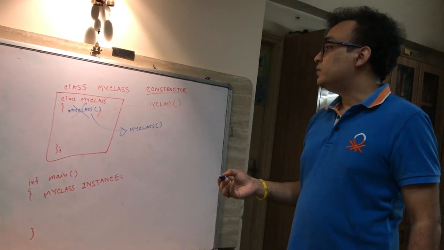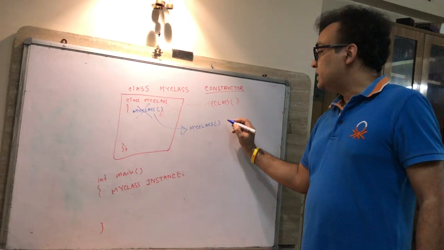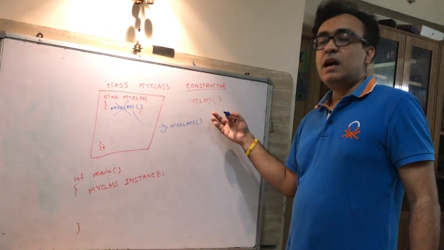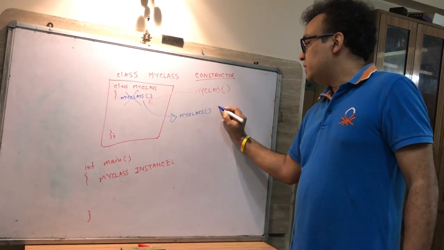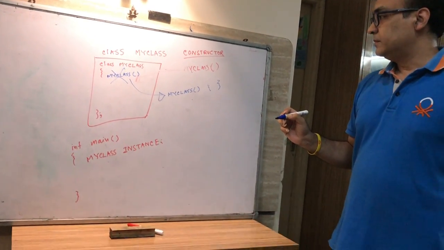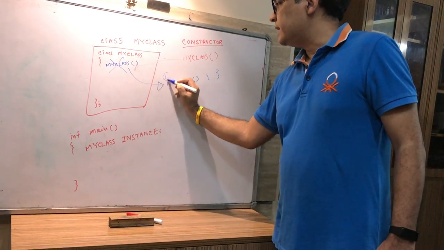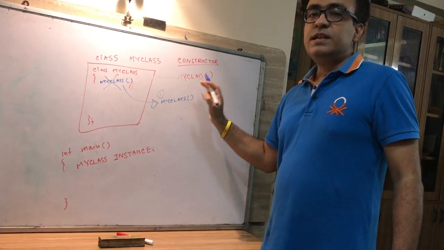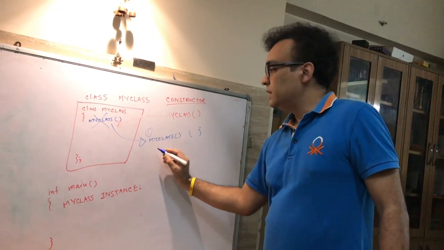Now you may require to define the constructor itself, but keeping its implementation empty. So you need to write an open brace and close brace. This is one way of writing a constructor, to forbid the compiler from generating a constructor for you.